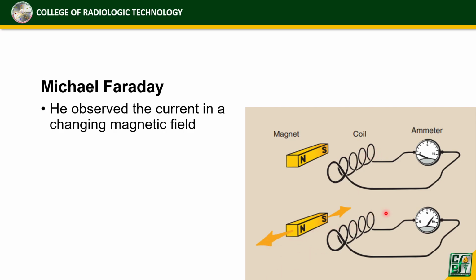Ngayon, pag ginalaw-galaw siya, nag-produce siya ng iba't ibang strength ng magnetic field, at the same time, nag-produce din siya ng electric charge or electric field. Kaya kung makikita nyo, gumalaw yung ammeter. Okay? So yan yung experiment ni Michael Faraday.